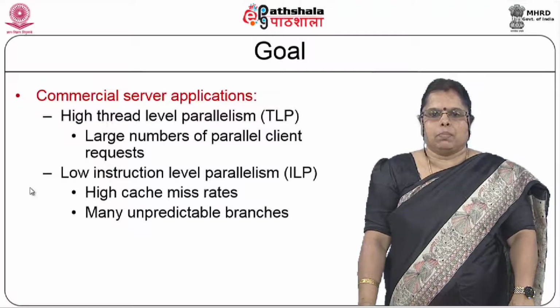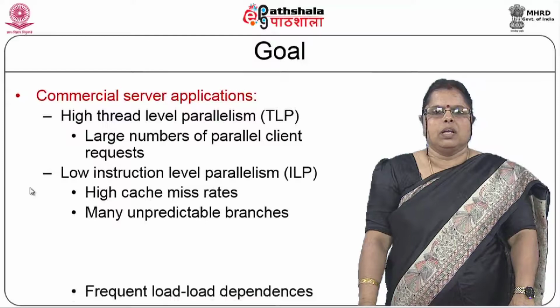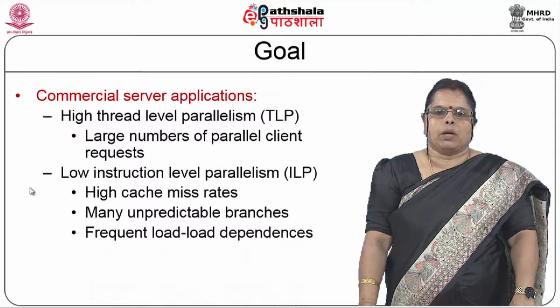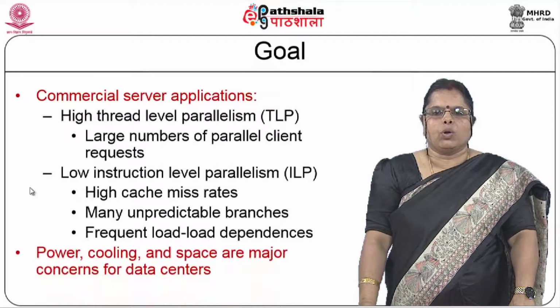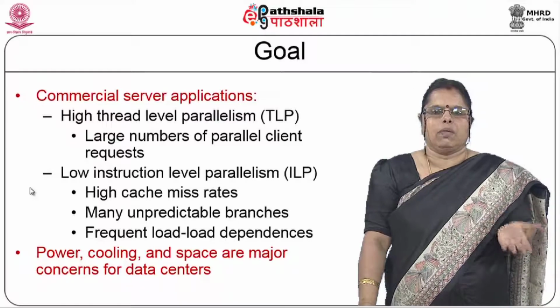A large number of parallel client requests come in, and the instruction level parallelism is very low. Because of that, you might have high cache miss rates, many unpredictable branches, and frequent load dependencies. So commercial server applications are very high on thread level parallelism and low on instruction level parallelism.